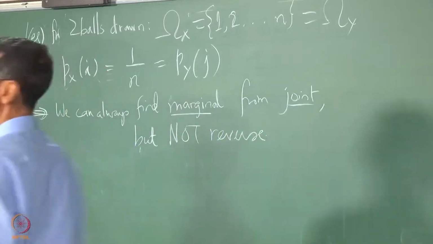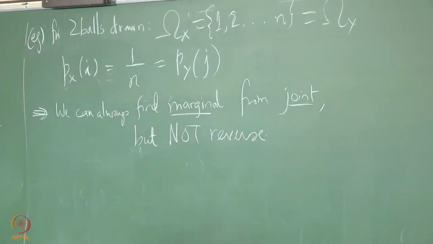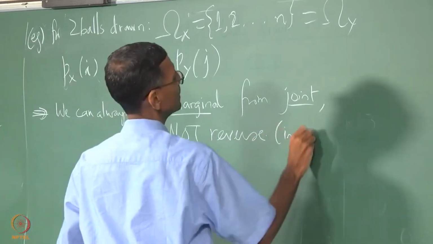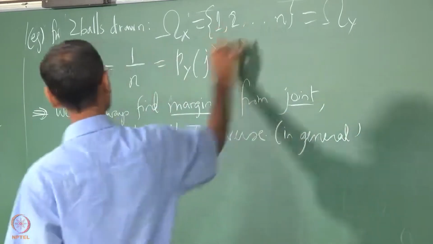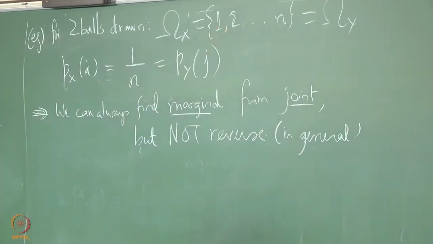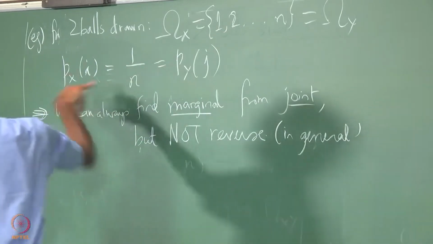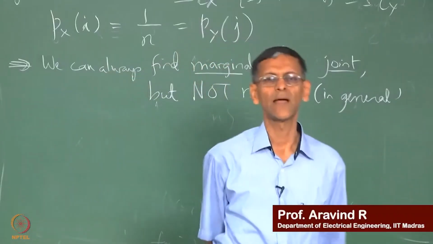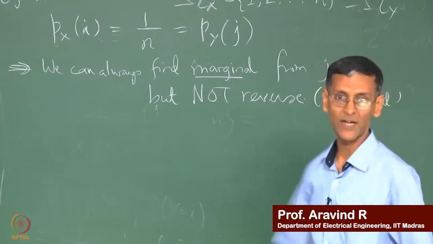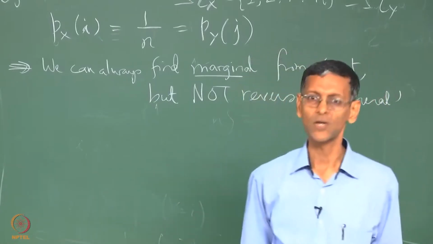That is, you cannot get the joint from the marginal in general. I think this example is clear. There is no way that somebody tells you these are the two marginal PMFs of x and y and you get that particular joint PMF, 1 by n into n minus 1. You just cannot get it.